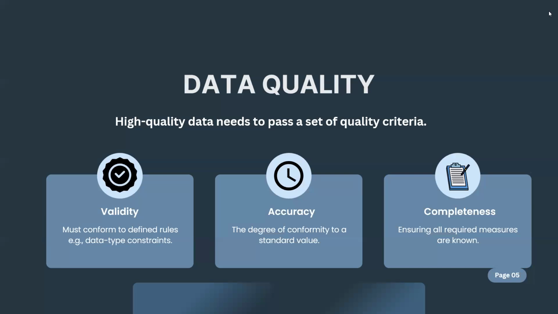Now, looking at data quality. When we talk about cleaning data, what we want is high quality data that meets particular criteria. The first is validity. Validity has to do with whether or not data follows defined business rules or constraints. For example, going back to the data type problem we were talking about earlier, if a field is supposed to contain a date, but instead it has a text value, that's an invalid entry.